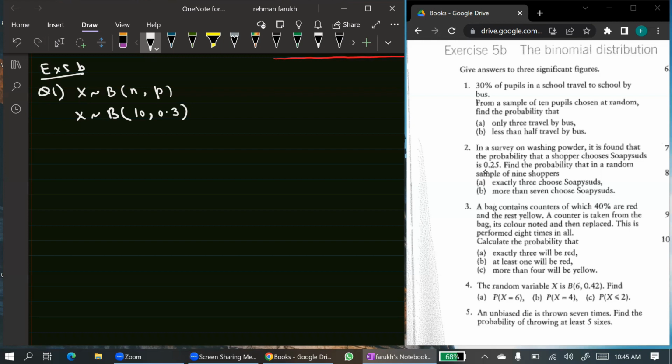Now, A part is only 3 travel to school by bus. That is, we need 3 successes out of 10. Probability of X is equal to 3.